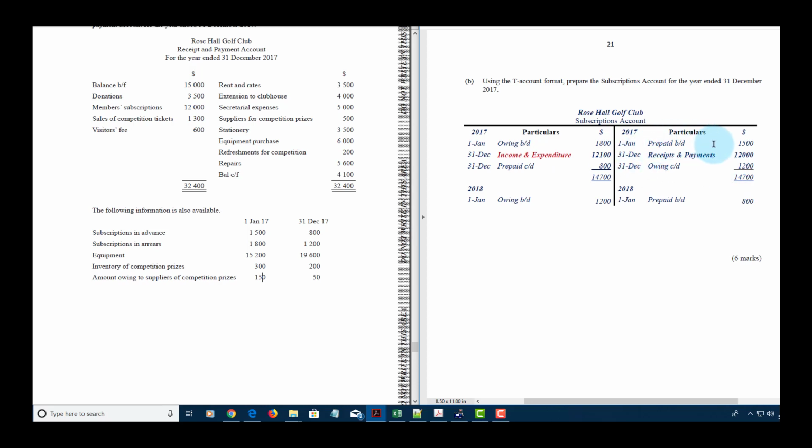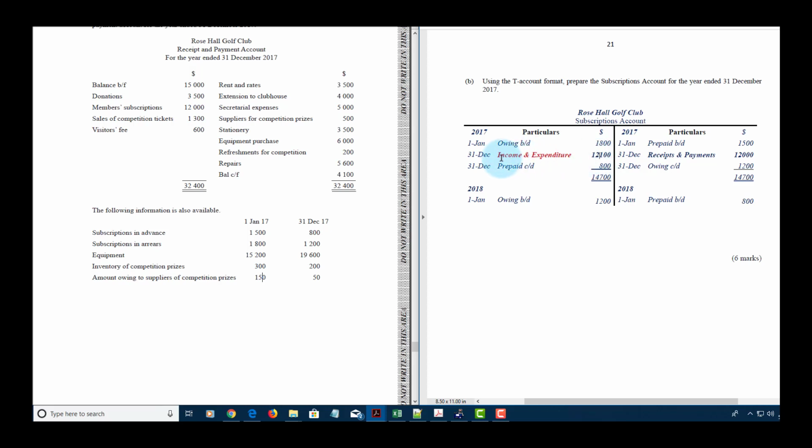The prepaid brought down goes on the credit side, and the prepaid carried down goes on the debit. Any amount of monies coming from the receipts and payment account would be recorded on the credit side, which would mean that the figure to be calculated, the income and expenditure account figure, would be placed on the debit side.